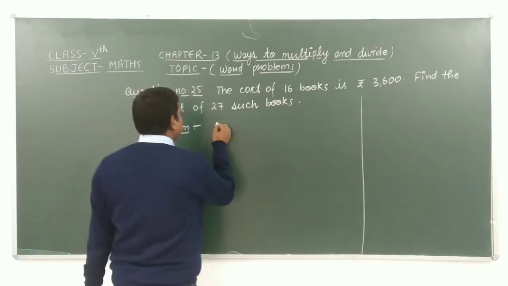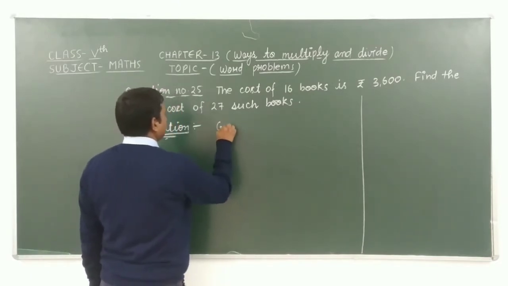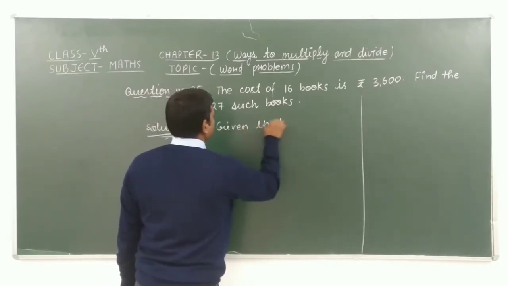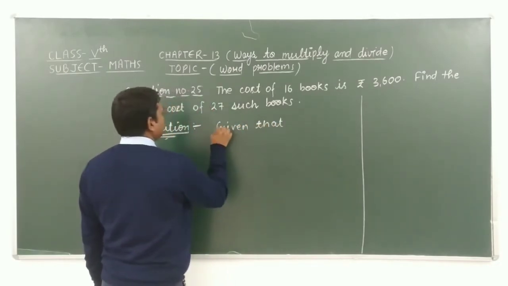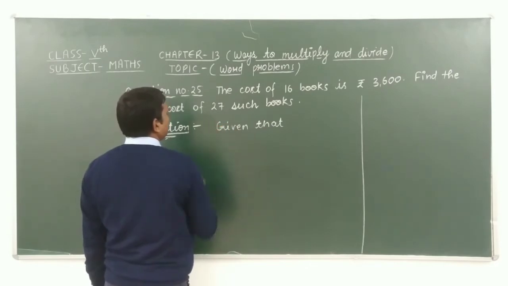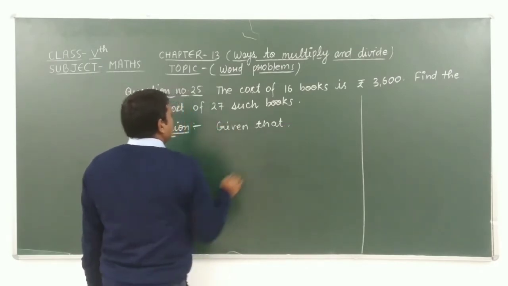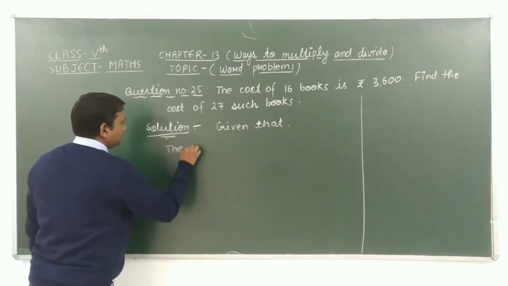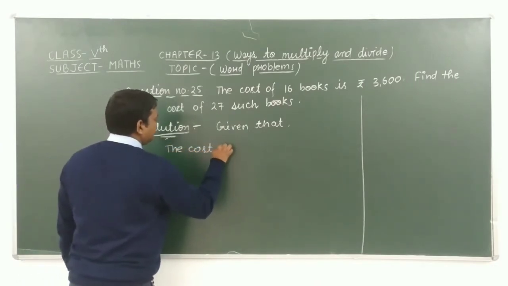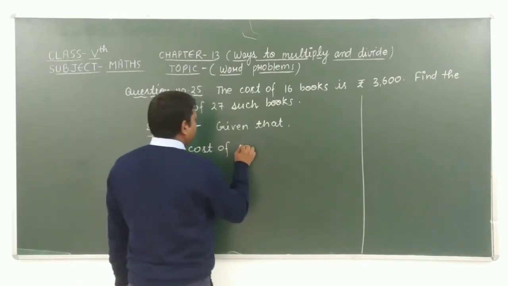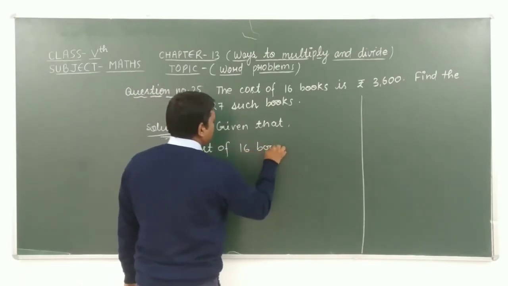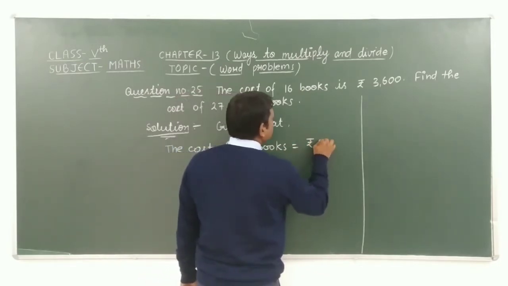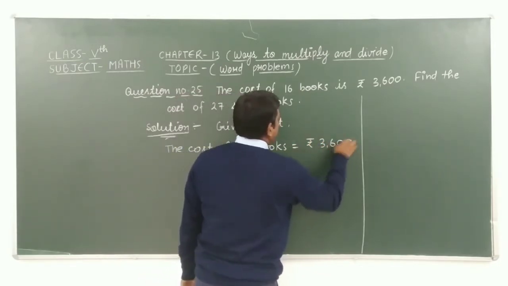Here given that the cost of 16 books is equal to rupees 3600.